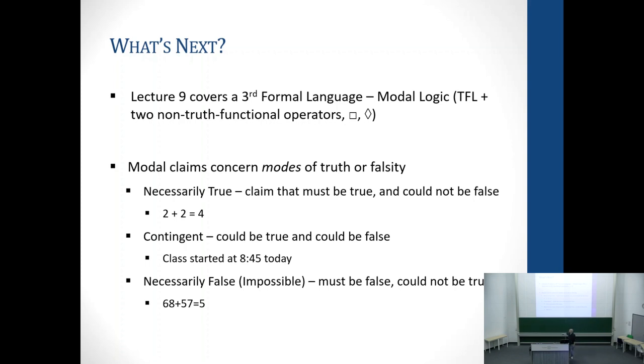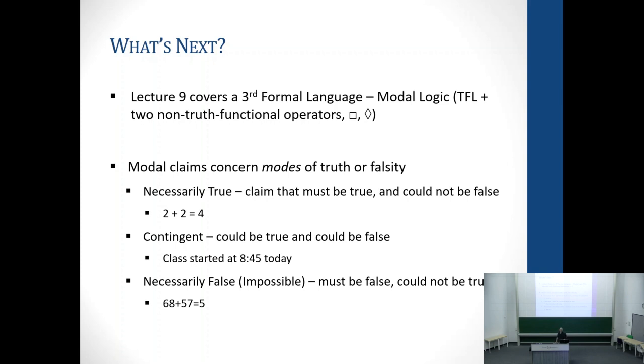So for example, we've talked about the idea of necessary truths, and we can say that a sentence is a necessary truth, but of course when we do that, we're speaking the meta-language. We're not asserting something in TFL, we're asserting something in English. By adding the box to express necessity, we can now express it in TFL.